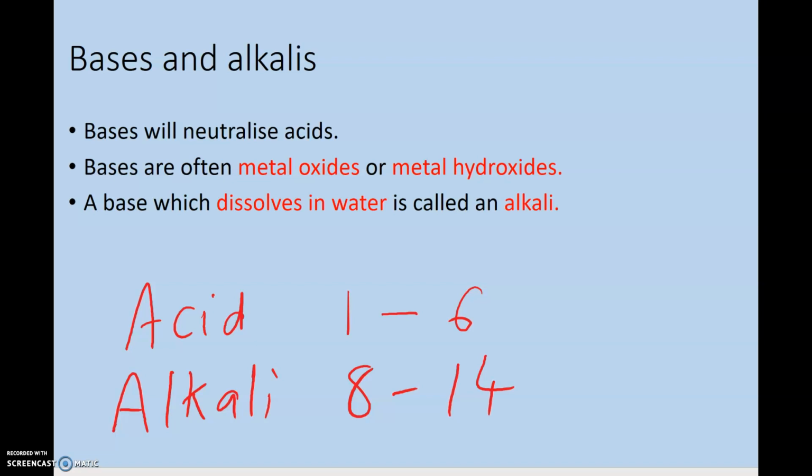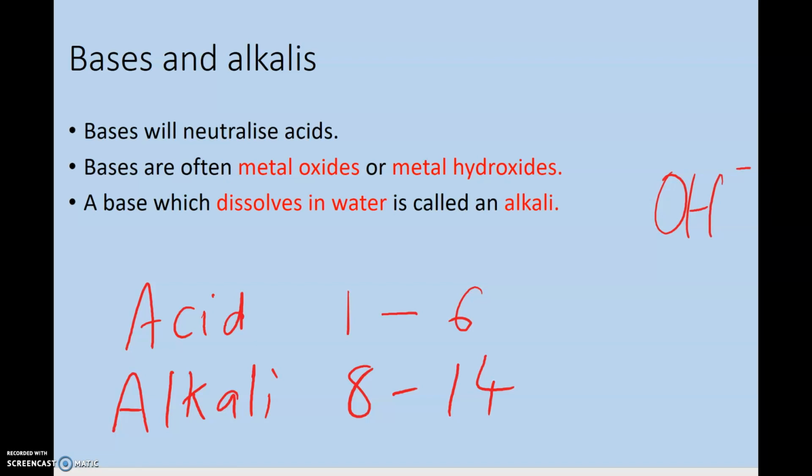So a base is something that dissolves in water, and when it dissolves in water, it's called an alkaline solution. Bases are often metal oxides or hydroxides. So if you look at an oxide, then you're reacting the metal with oxygen, and if it's a hydroxide, then hydroxides have OH minus.